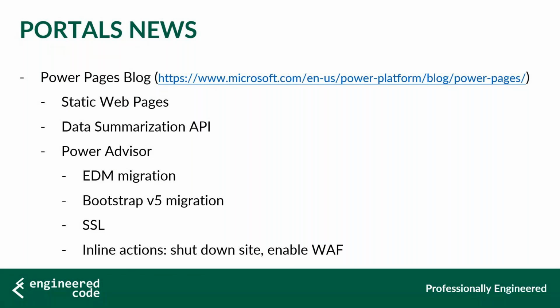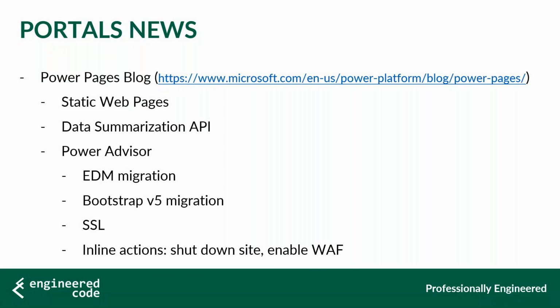The other one they've announced is some updates to the Power Advisor, which is a section within the Power Platform Admin Center that provides advice and suggestions on your various Power Platform products. What they've added is some advice: if you're on the standard data model or on Bootstrap version 3, it's going to start telling you, hey, you might want to migrate, and here are the reasons you might want to migrate to the newer versions of these things.